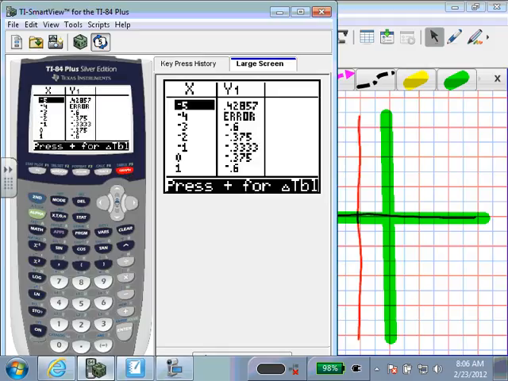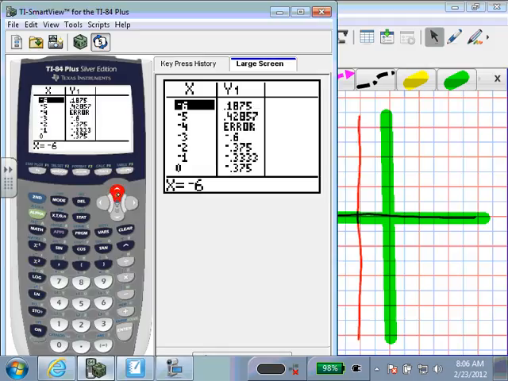Okay, so I need to get a couple of values before my first vertical asymptote. So -7 is about 0.11, -6 is about 0.19, -5 is about 0.42. So really, really close to the origin. 0.11, 0.12.